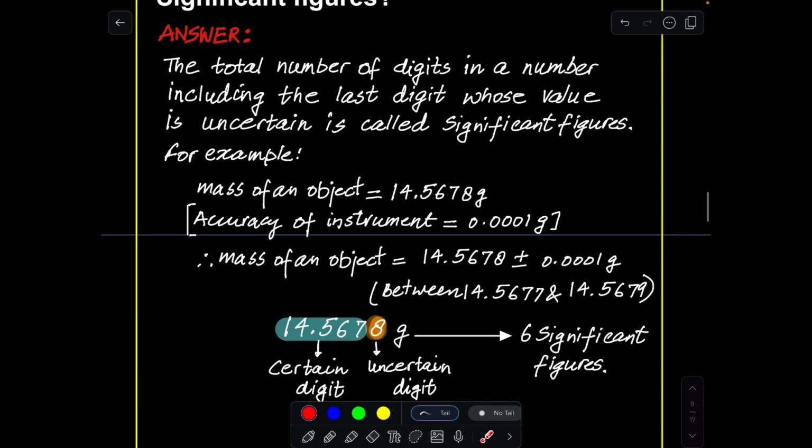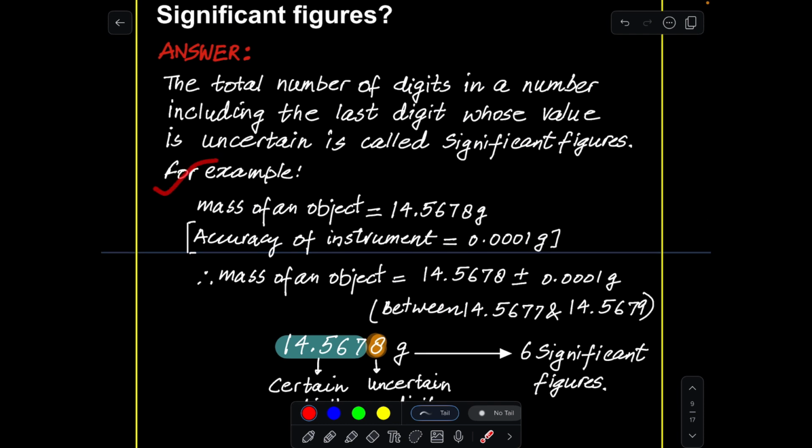For example, the mass of an object is determined as 14.5678 grams, and the instrument that we are using for this measurement has an accuracy of 0.0001 gram. That is, there is an uncertainty of 1 unit at the 4th digit after the decimal.